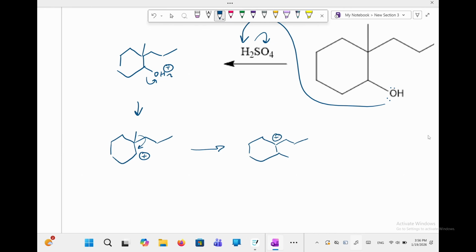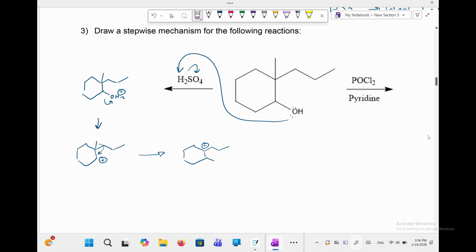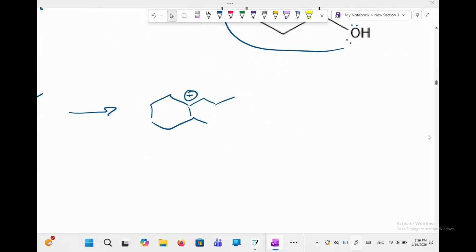Now we have a tertiary carbocation. Now our weak base is going to pluck off the hydrogen that gives us the most stable product.